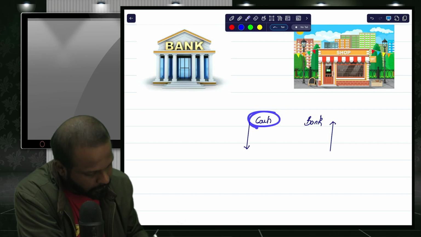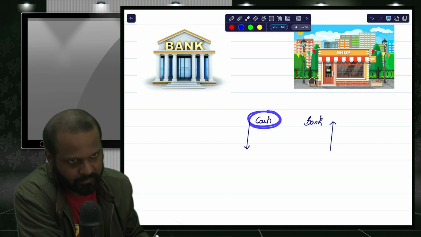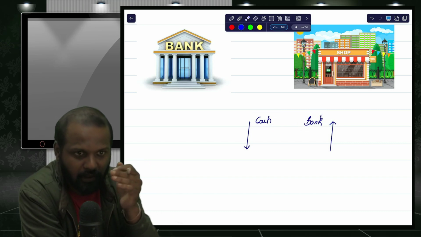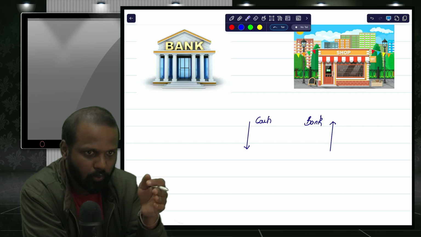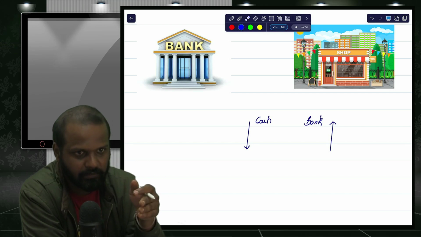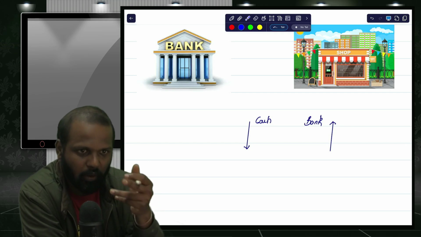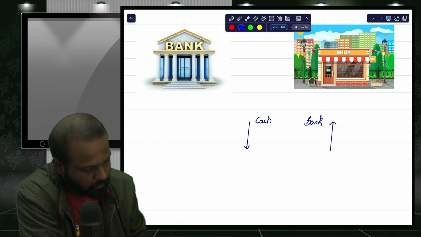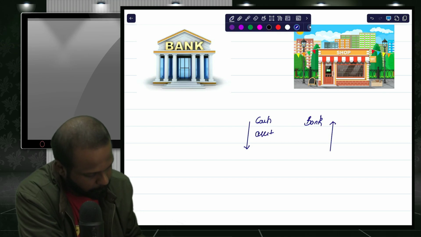Now we know that cash balance is an asset and even bank balance is also an asset. Cash comes into the business, goes out of the business, increases, decreases, doesn't matter. Always cash is an asset only. Bank balance is also an asset.